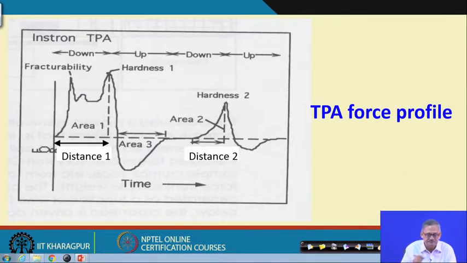And this is through an Instron TPA. Instron is a universal testing machine, one instrument or one company which makes it like that. There are many, but all the principles are the same.